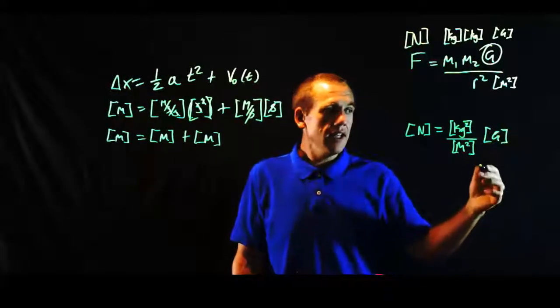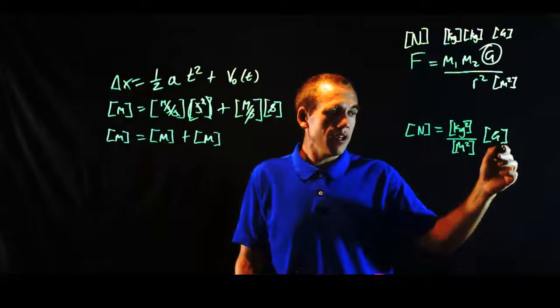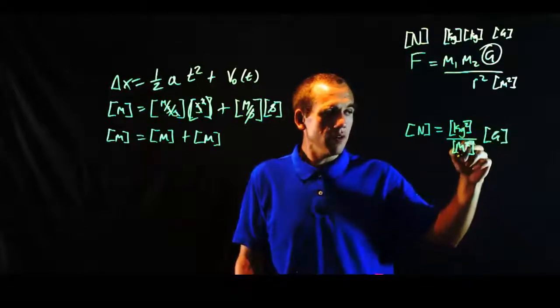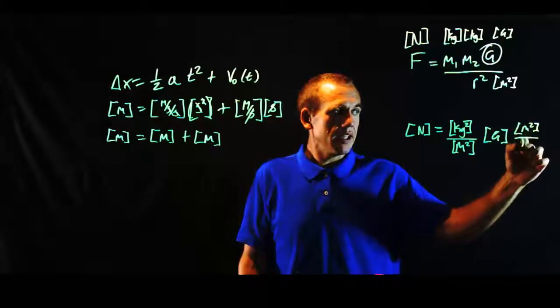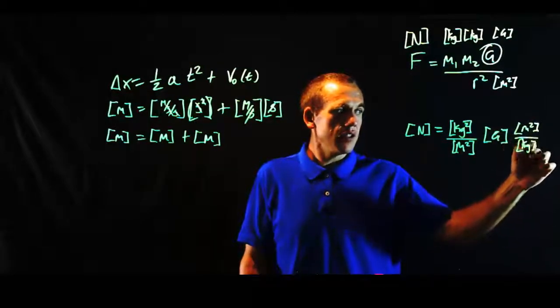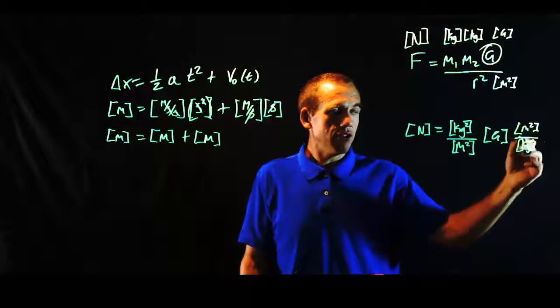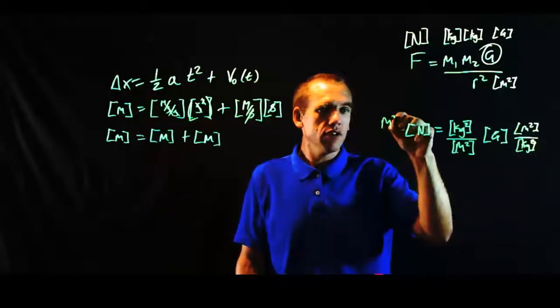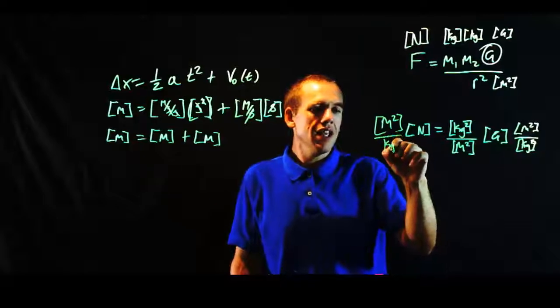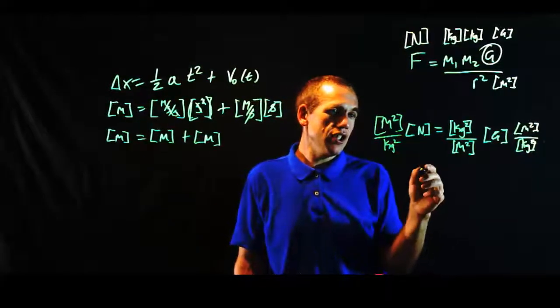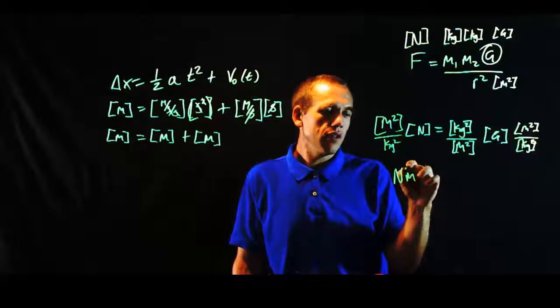And if I divide both sides by kilograms squared and I multiply both sides by meters squared, right? So I'm going to multiply meters squared divide by kilograms squared. So those units go away. I'm just treating them as algebraic quantities. I can do that over here as well. I have to. Meters squared, kilograms squared. Then I can see that my dimensions of g are Newton meters squared per kilogram squared.